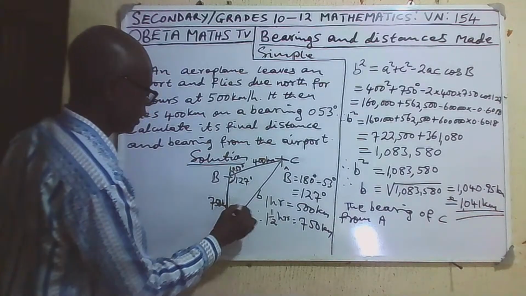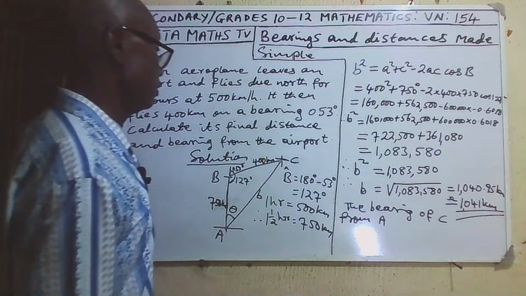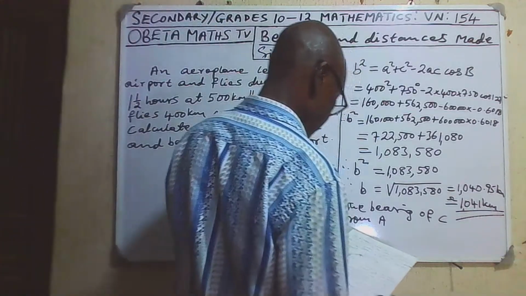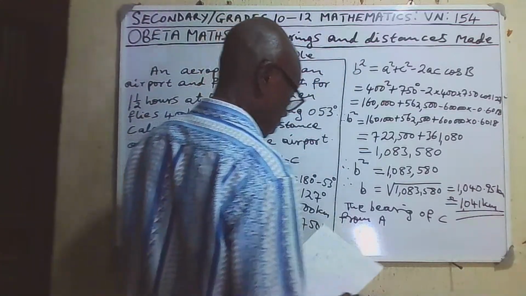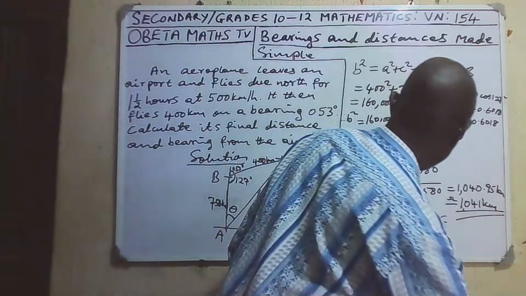So we have to find this angle because that will be the bearing. We take it to be theta.